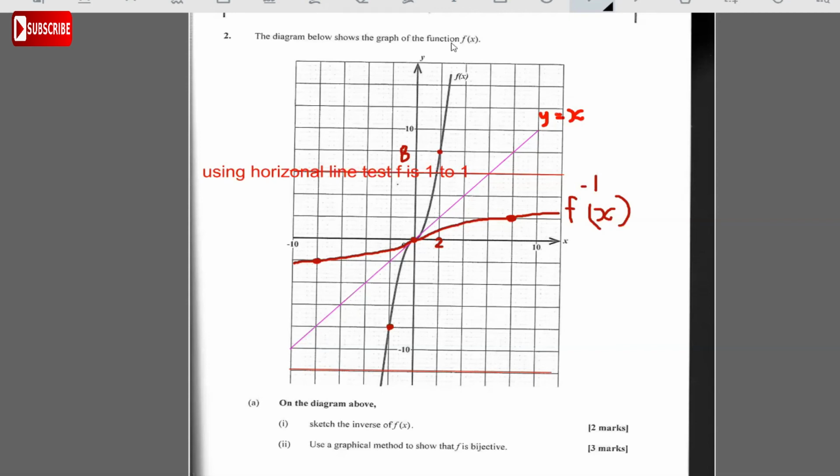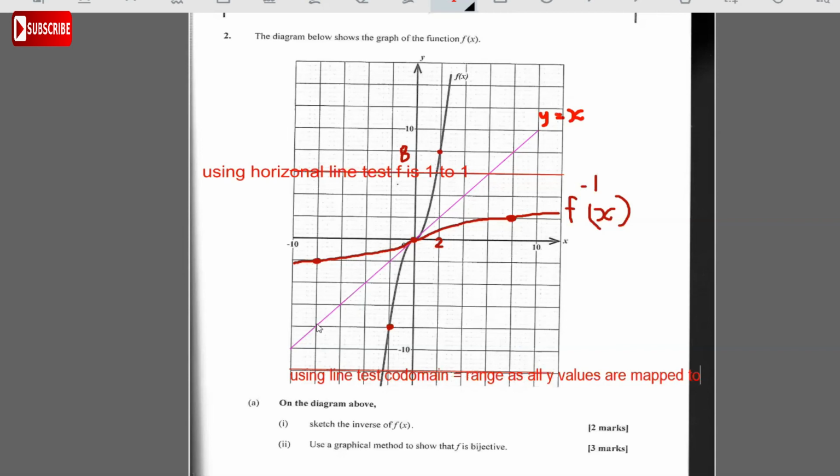So you can see that the codomain is equal to the range, as all y values are mapped to.